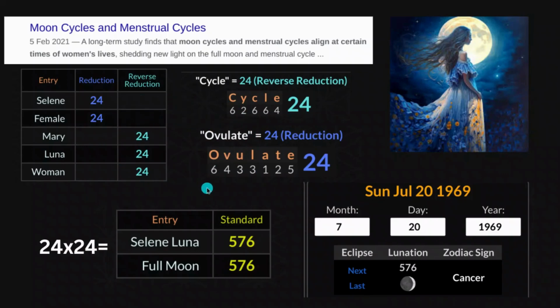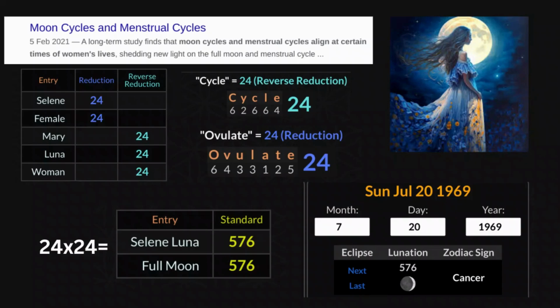We're now in the year 2024, and now Trump has beaten another woman in the year 24. Now, here's one that should blow your mind even more, because on the day Trump was born, if you multiply his date numerology, it equals 576, which is 24 times 24.